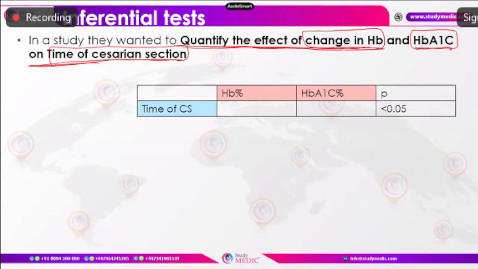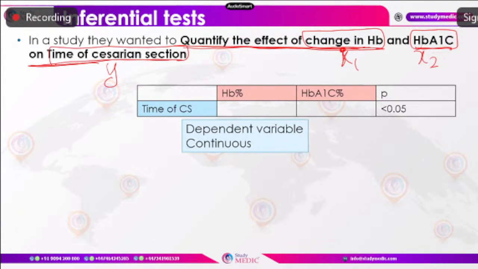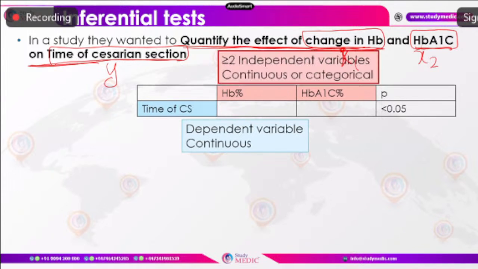So they want to see whether these two variables caused any change in variable Y. The dependent variable is the time of cesarean section, and the independent variables are the hemoglobin level and the HbA1c levels. The time of cesarean section is a continuous variable. Independent predictor variables, there are more than one. Either they can be continuous variables or categorical variables. We should not be worrying about it.